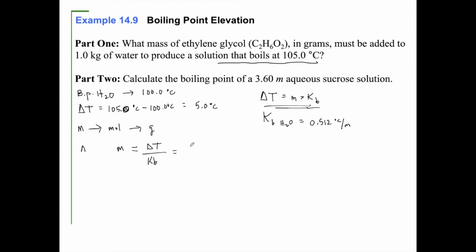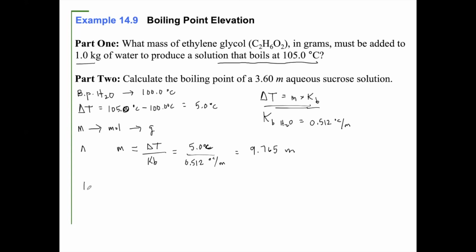So in this case, that's 5 degrees Celsius divided by 0.512 degrees Celsius per molal. Sorry, that C looks like an L. Okay, so this is the molality of our solution. We know that we've got 1 kilogram of water here, right? So let's use that to figure out grams of ethylene glycol.